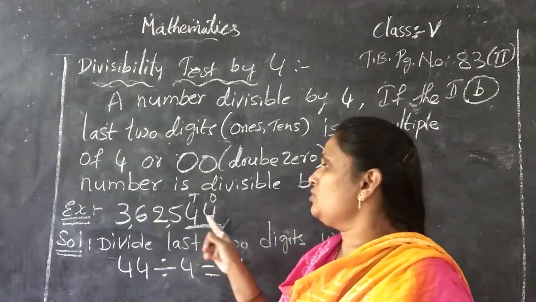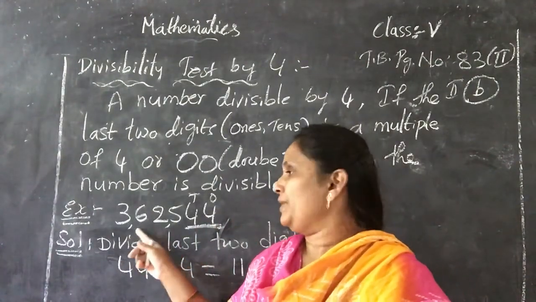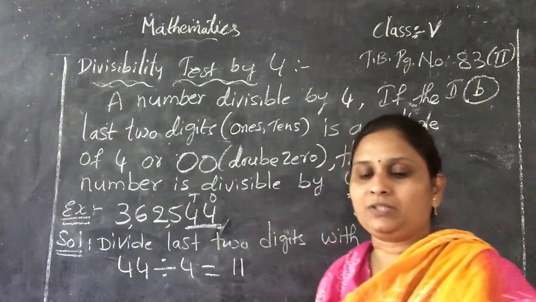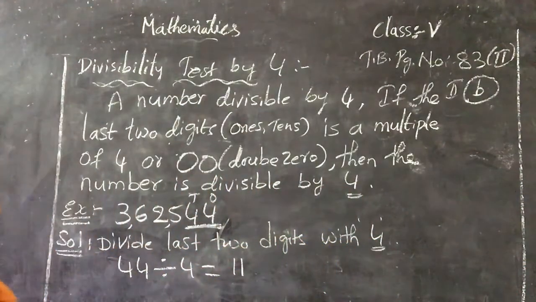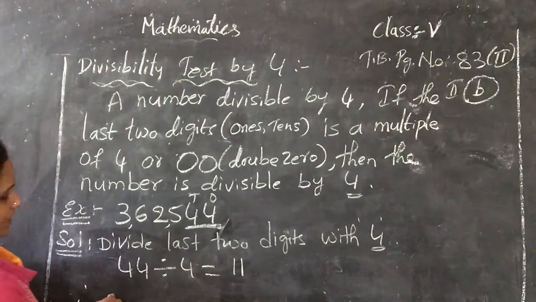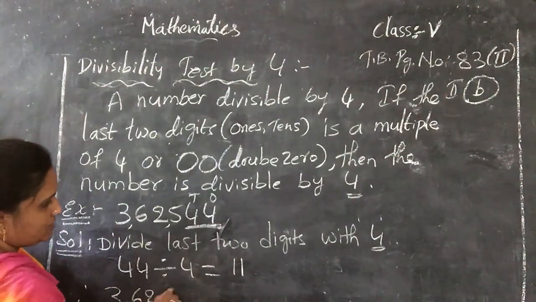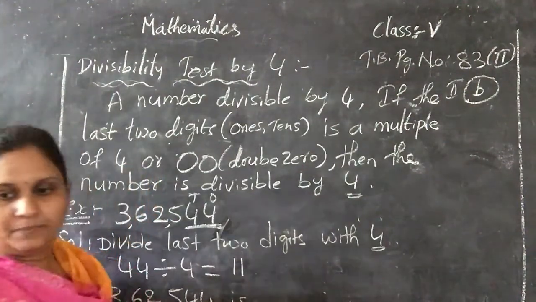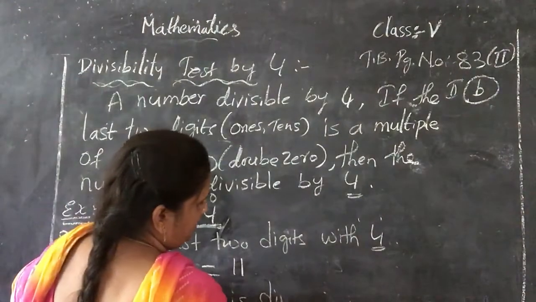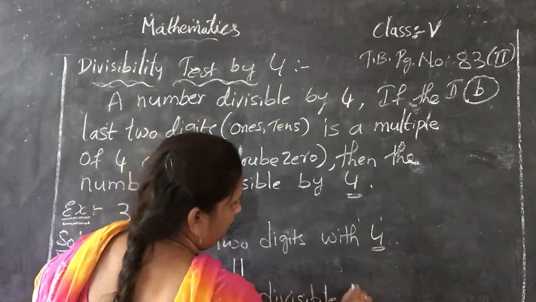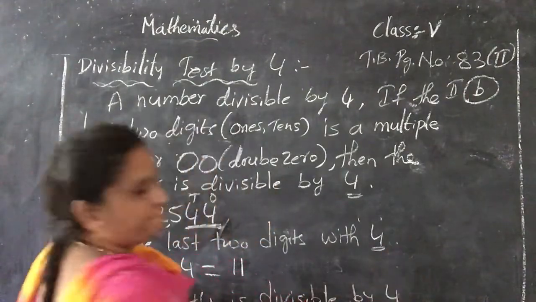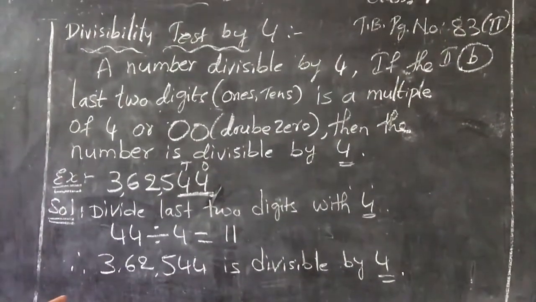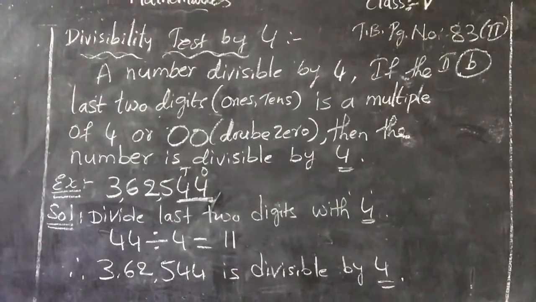So this 3,62,544 is definitely going to be divided by 4. Therefore, 3,62,544 is divisible by 4.